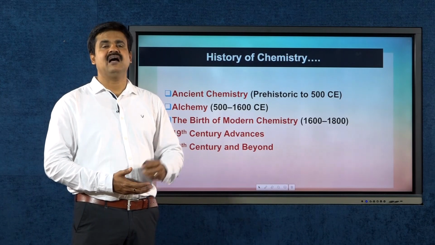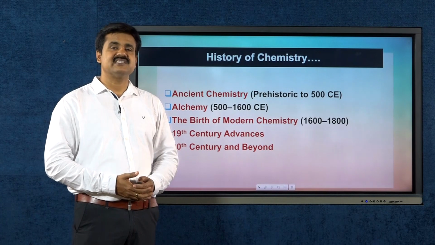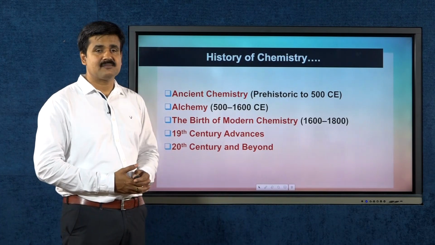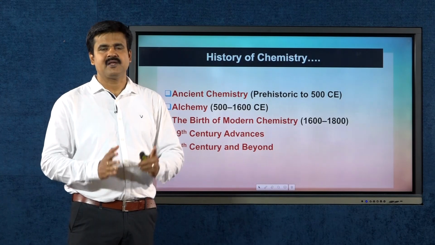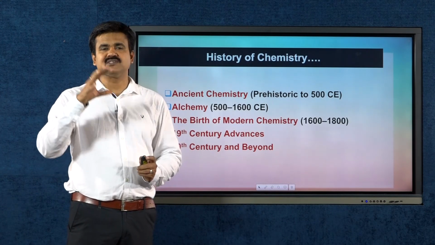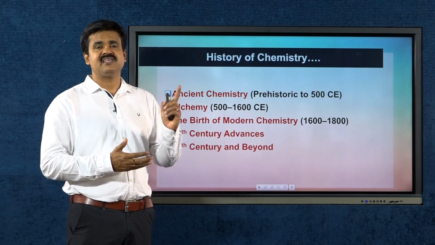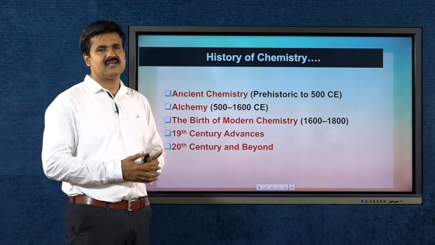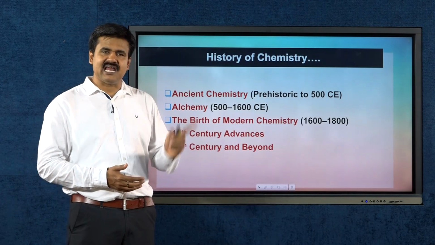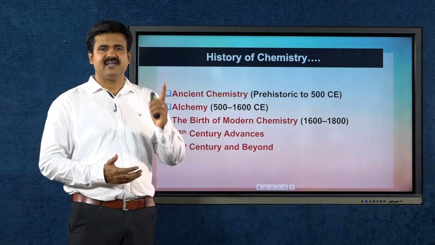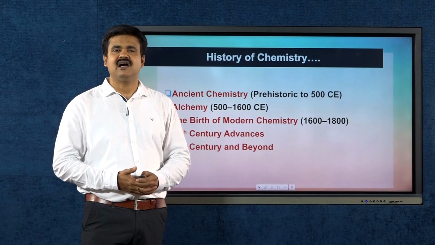The next part, and probably the last part which describes the history of chemistry, is the 20th century and beyond. Thus, in sum, it is possible to study the historical development of chemistry in 5 stages, which include ancient chemistry, alchemy, the modern chemistry period, 19th century advances, and finally the 20th century and beyond.